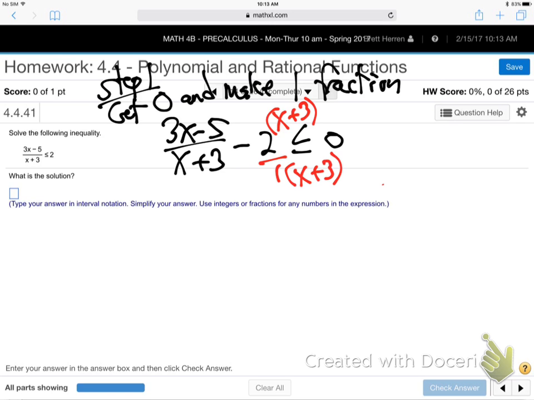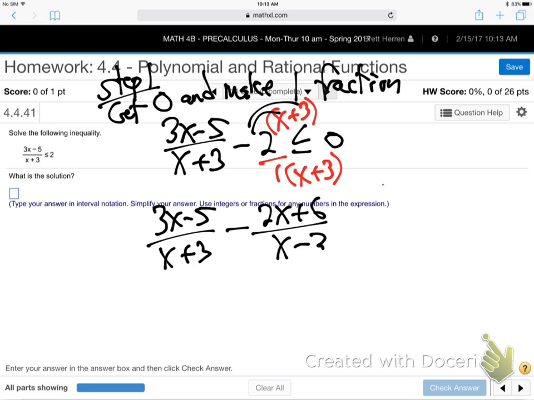Make those two denominators the same. So then what will we have? We'll have 3x minus 5 over x plus 3 minus 2x plus 6 over x plus 3, greater than or equal to 0.